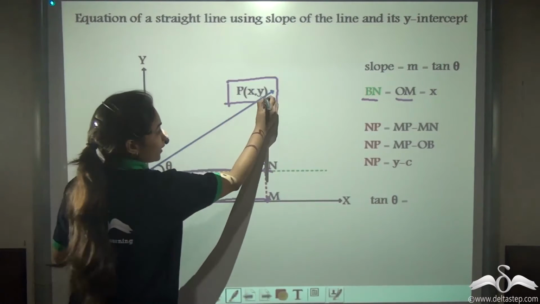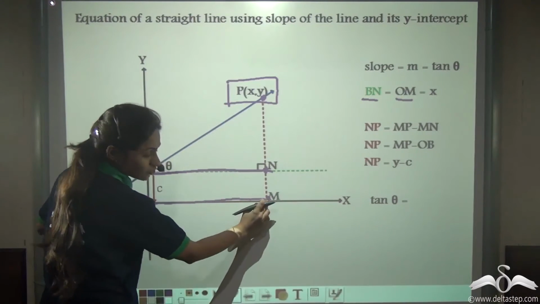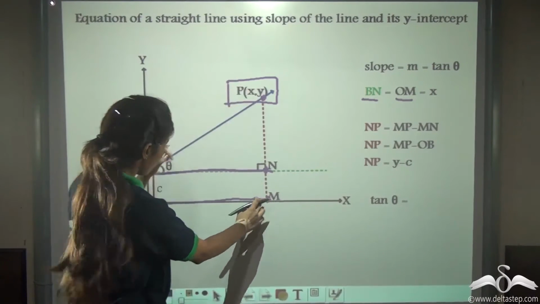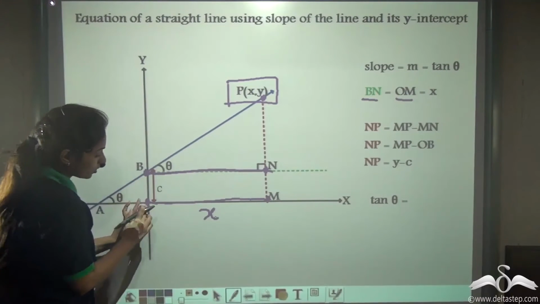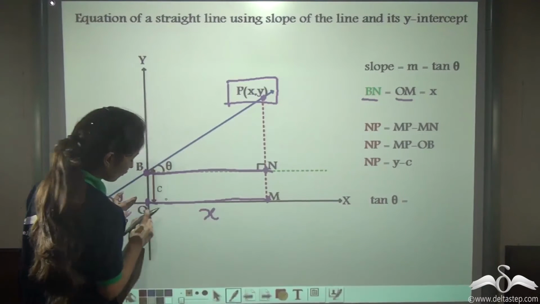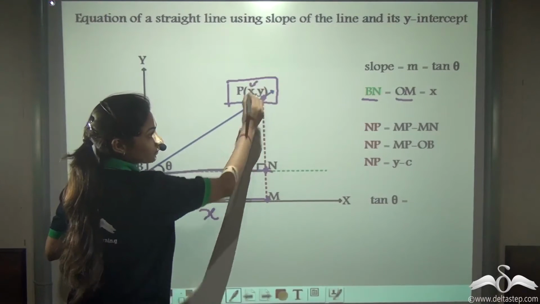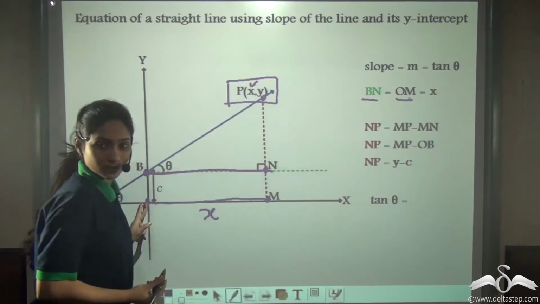Now this point P here has the x value this much and the y value as this much, right? So OM is equal to BN is equal to x because the value of x is from here to here. That is from the point O to point M is actually what? X, right? So BN is equal to OM is equal to x.